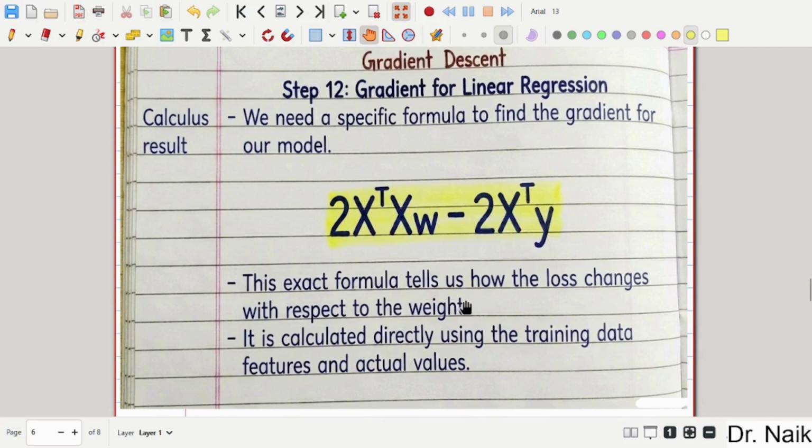This exact formula tells us how the loss changes with respect to the weight. It is calculated directly using the training data features and actual values. X is the training data feature and y is the actual value.